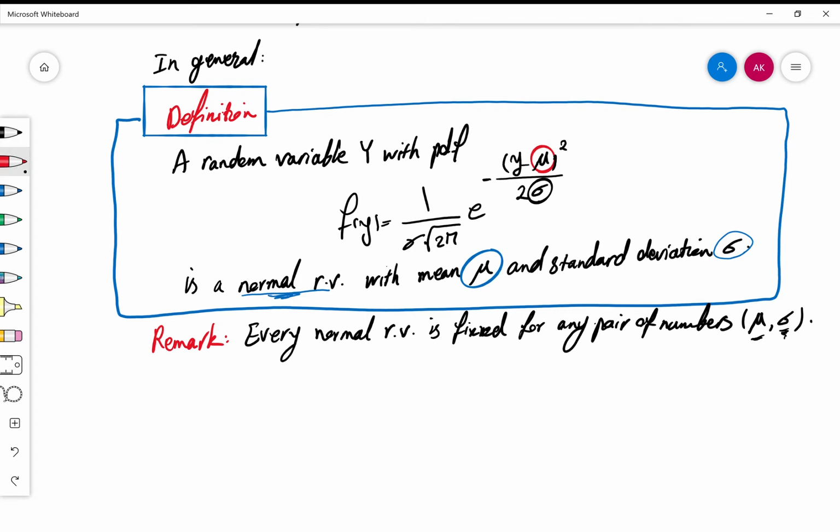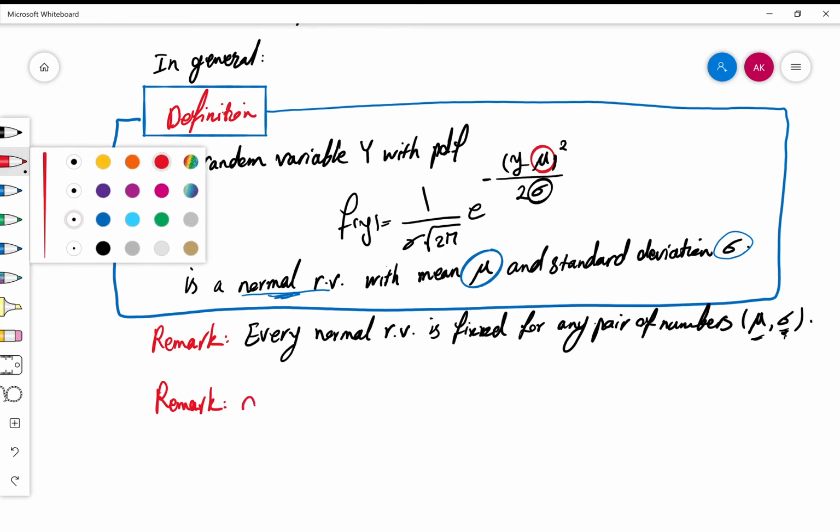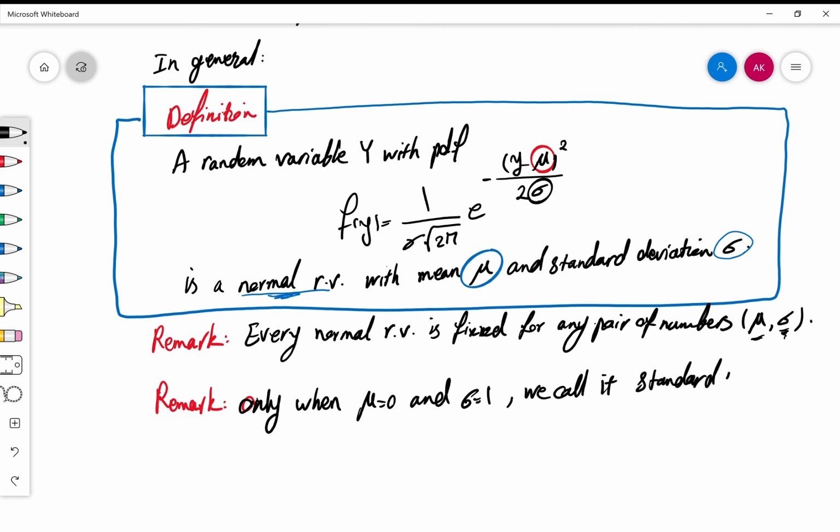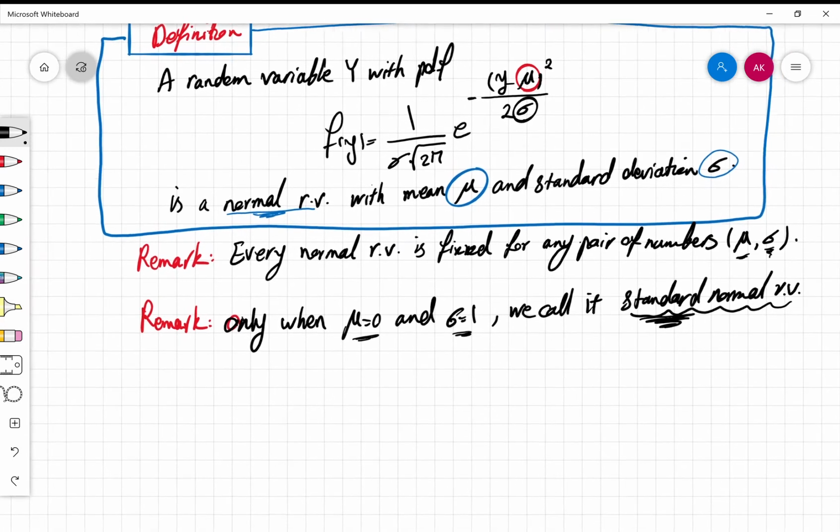The second remark is that only when mu is equal to 0 and sigma is equal to 1 do we call it standard normal. That's the only case we put the name standard.